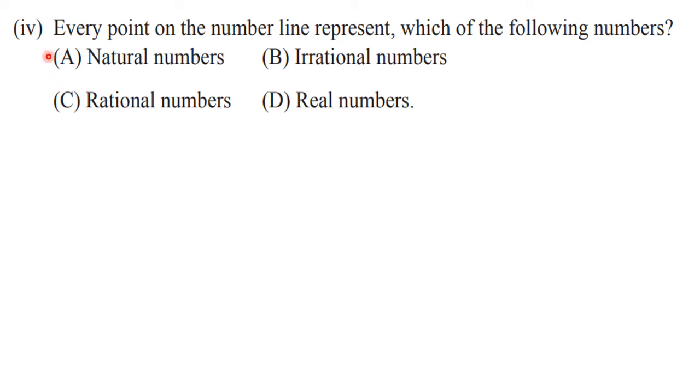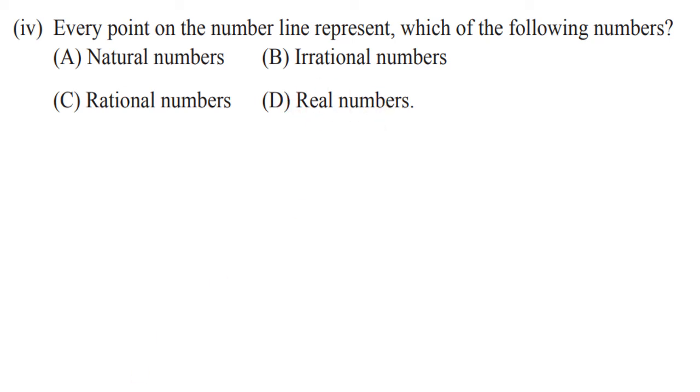Question number 4. Every point on the number line represents which of the following numbers? So we have studied the number line. On the number line we can represent natural numbers also. We can represent rational numbers also, meaning fractions also. This you have studied in 8th standard. We can represent irrational numbers also. We have seen the construction, how to represent root 2, root 5, root 10. Okay. And all these together are called what?